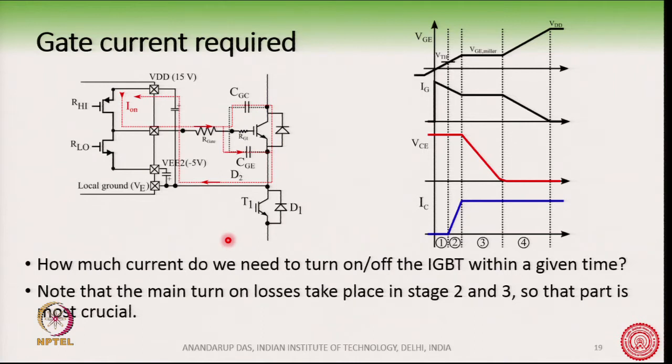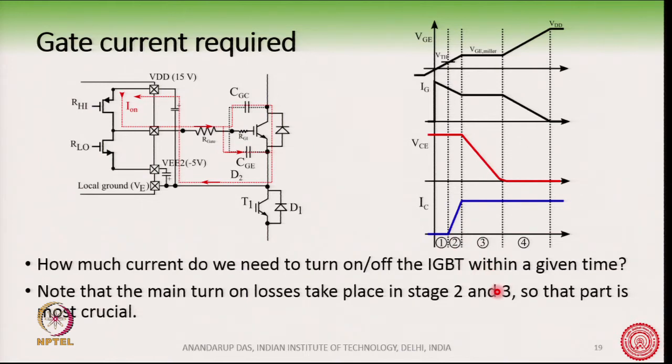In order to understand this, we should also make a note that the main turn on losses of this device take place in stage 2 and 3. These are the two stages in which the losses are taking place.